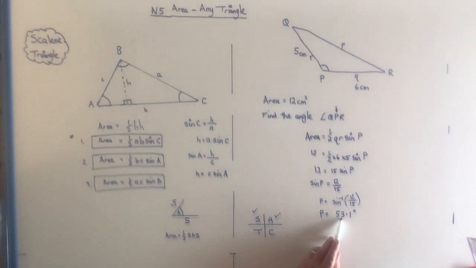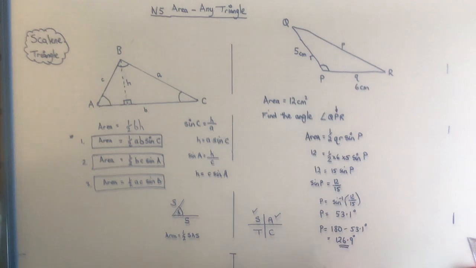Now we've found the first quadrant, 53, but we need the second quadrant, so p is equal to 180 minus 53.1, and the actual answer, the final answer, is going to be 126.9.